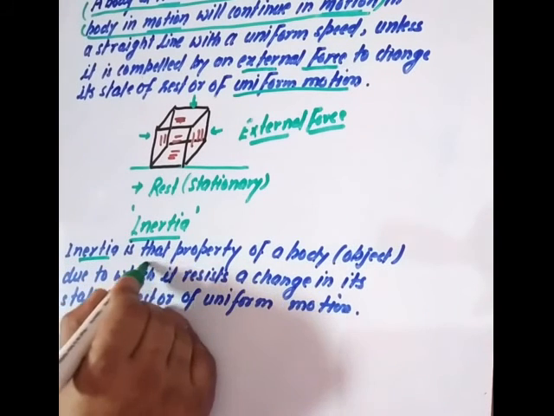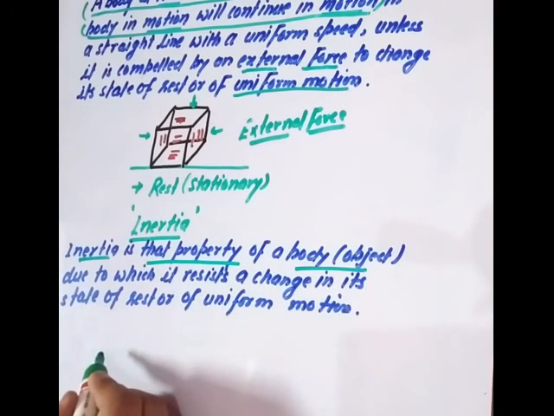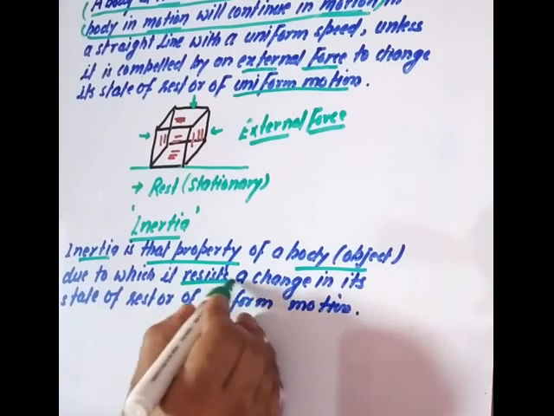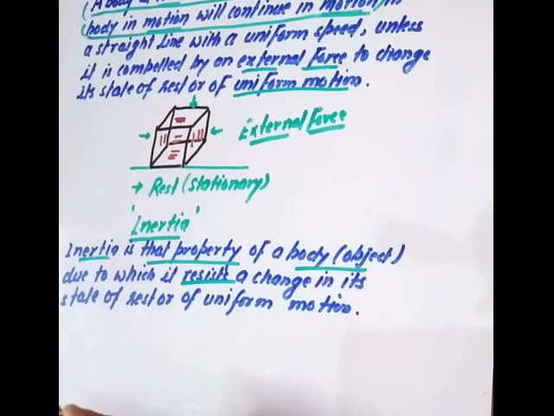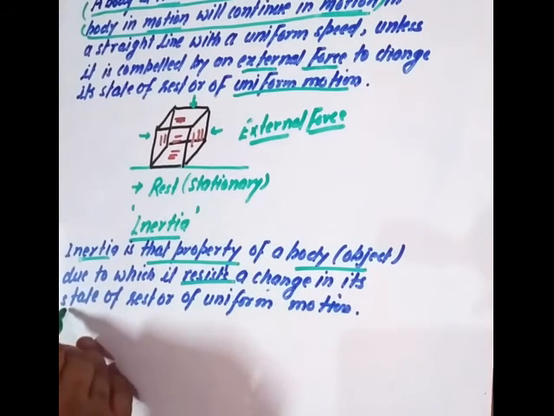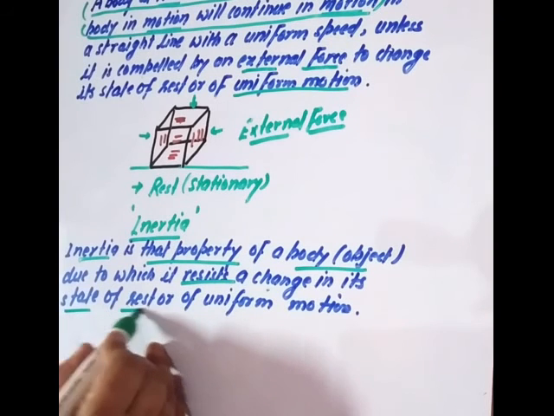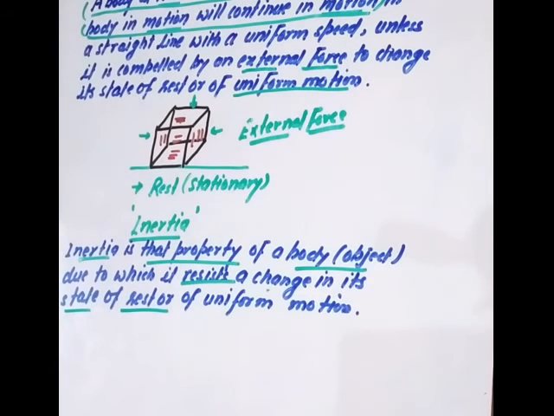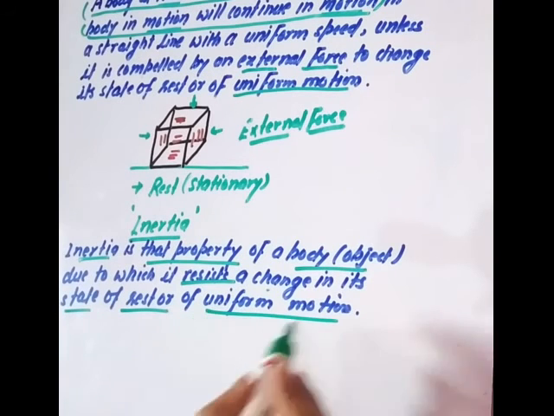Inertia is that property of a body or object due to which it opposes. If the body is in the position of rest, it opposes the change in position, or if it is in motion, a change in its state of rest or uniform motion.